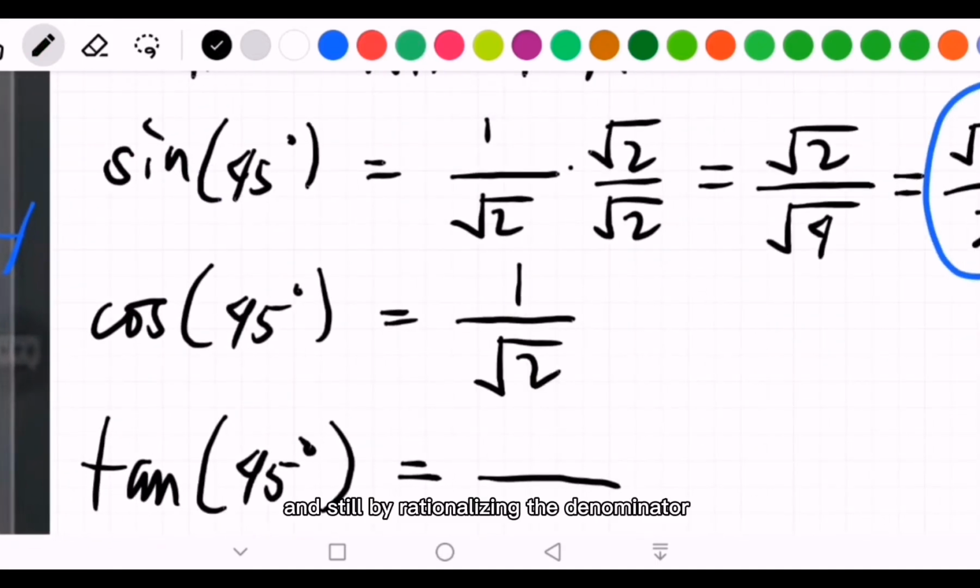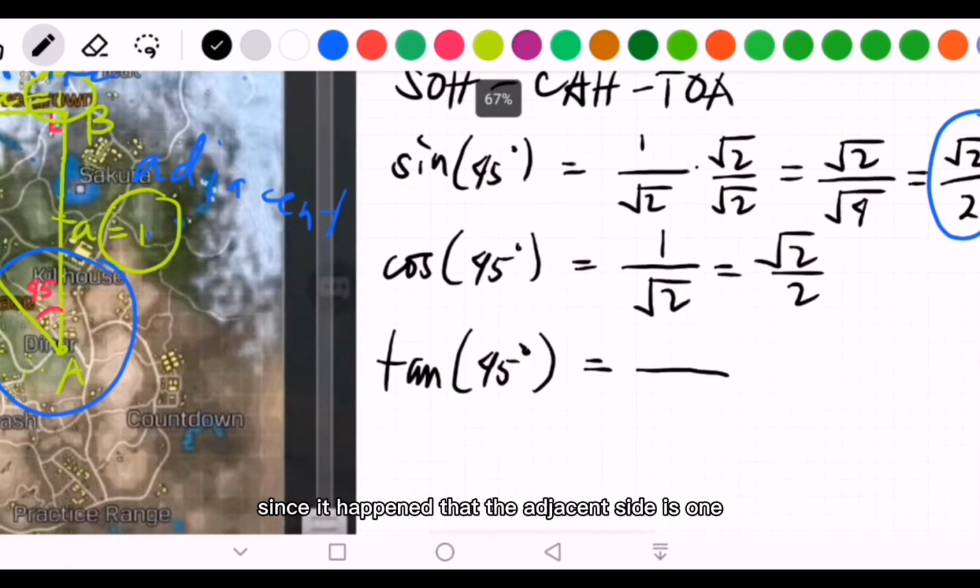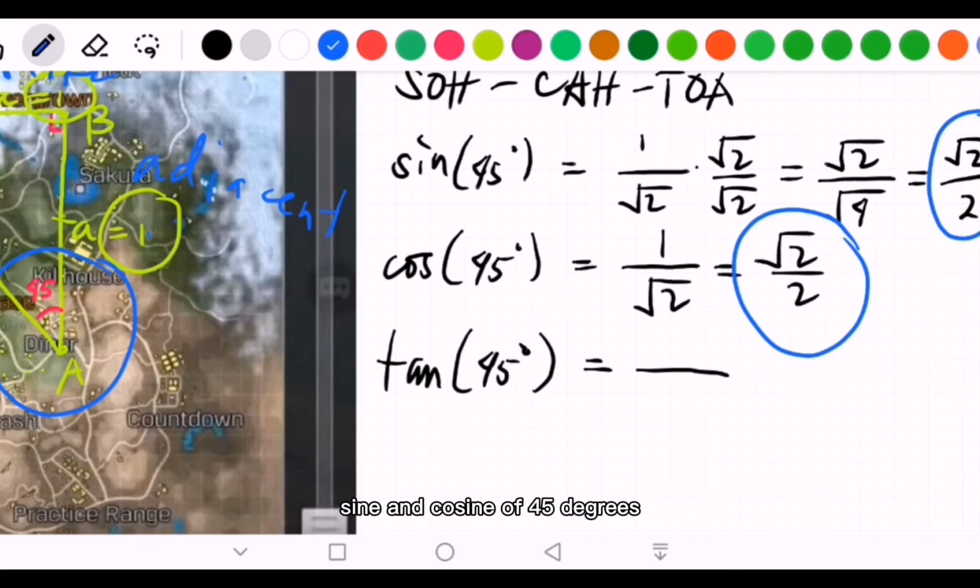Still, by rationalizing the denominator, this is the same as the sine of 45 degrees, so this is still square root of 2 over 2. Since the adjacent side is 1 and the opposite side is 1, we ended up with the same value for sine and cosine of 45 degrees.